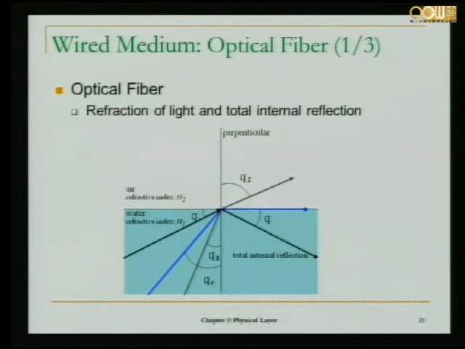If you have light coming in from this direction, then it will pass through. And again, for the blue line, if it comes in with this angle, then it would fail to penetrate. It will fail to have the refraction into the air.